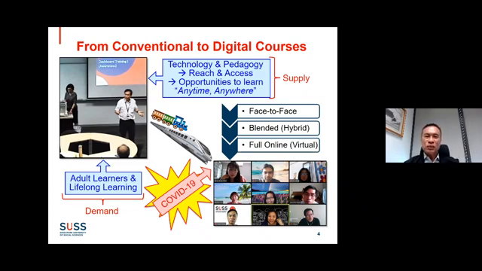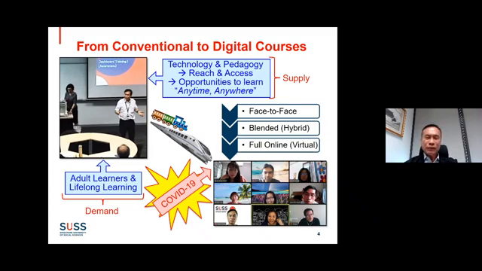Many of the students that we have today are working adults in mid-career who realize that they need to upgrade themselves. And we also have a lot of lifelong learners coming to learn from universities and in universities. For many of these working adults, it's not feasible to come to class in the physical sense, but they certainly want to learn and they can learn online.